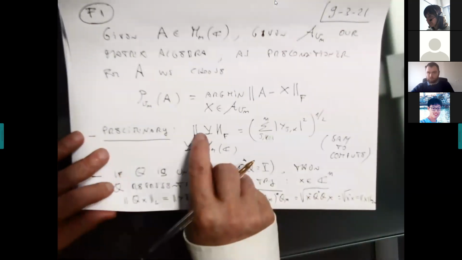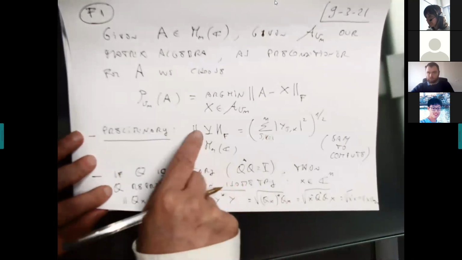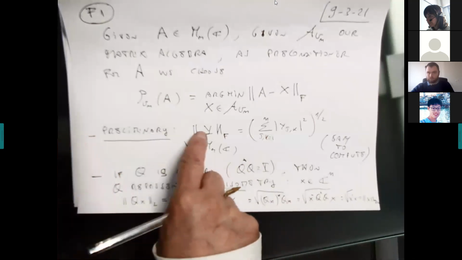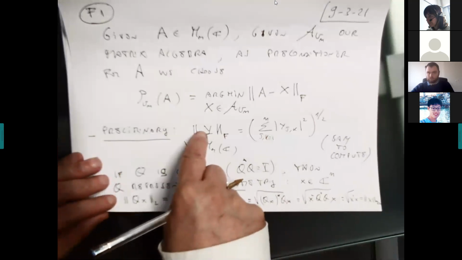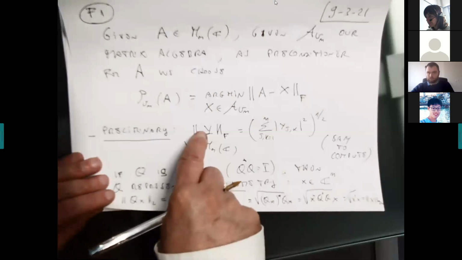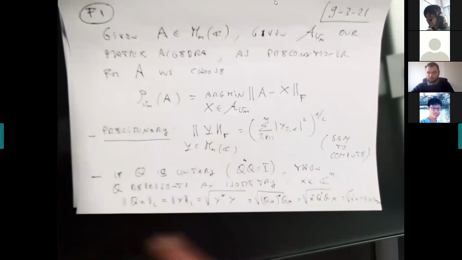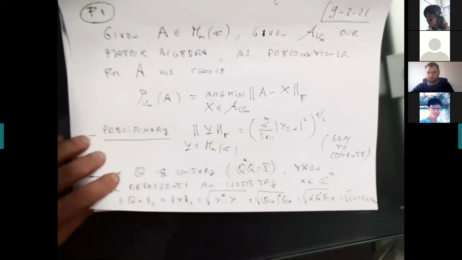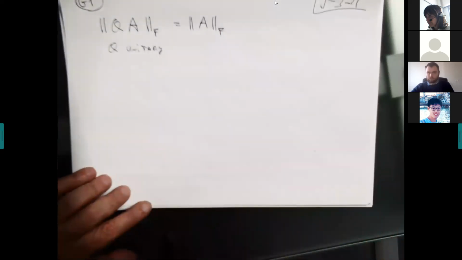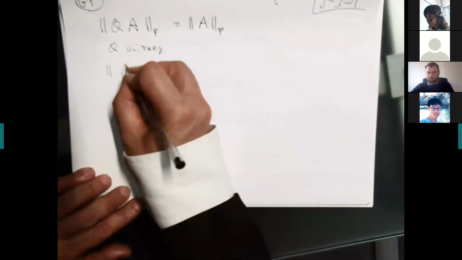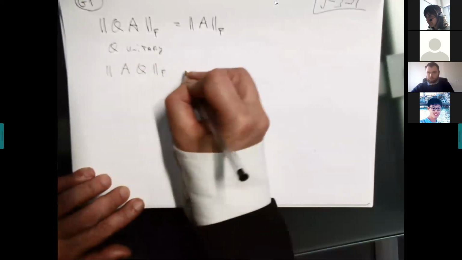Because if you multiply by Q from this side, you are multiplying all the columns by a unitary matrix, so the two norm of all the columns remains unchanged. And so the Frobenius norm, which is the norm of all these columns altogether, remains unchanged. You see this? And if you reason in the same way, but by row instead of by column, you will discover that this is also true.